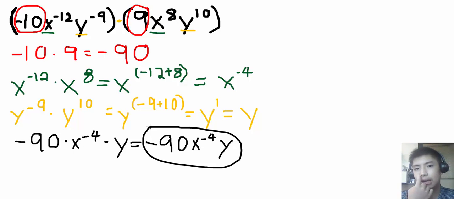But what happens if the question asks for positive exponents only? Well, this wouldn't work because x to the -4th includes a negative exponent, which is -4, right? So we need to convert that to become positive in order to fulfill the requirements of the question.